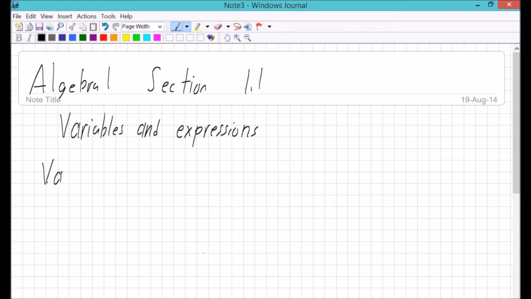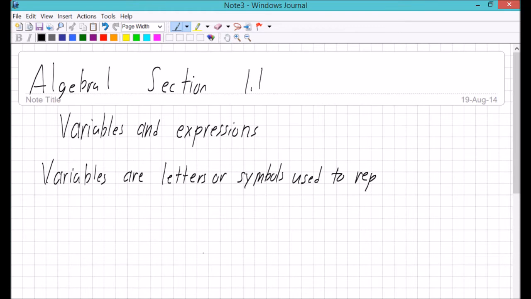And variables are letters or symbols used to represent a value that can change.